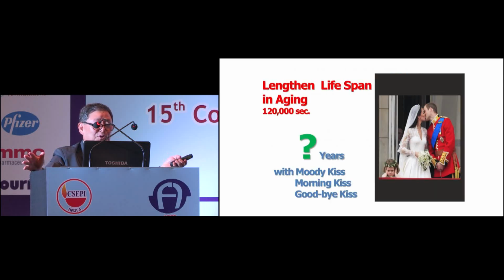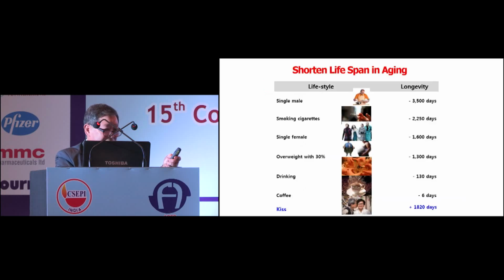How long is the length of your lifespan in aging? With a mood kiss, morning kiss, and goodbye kiss, usual people have 120,000 seconds of kissing time in their life. That is 33 hours in your life.